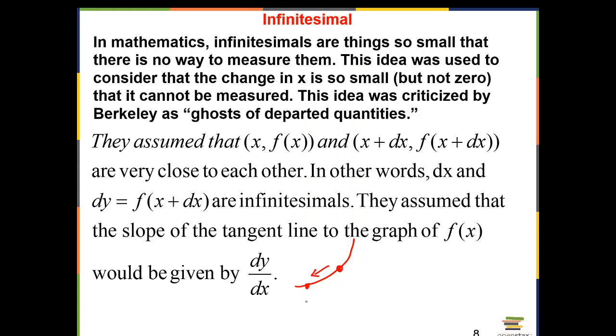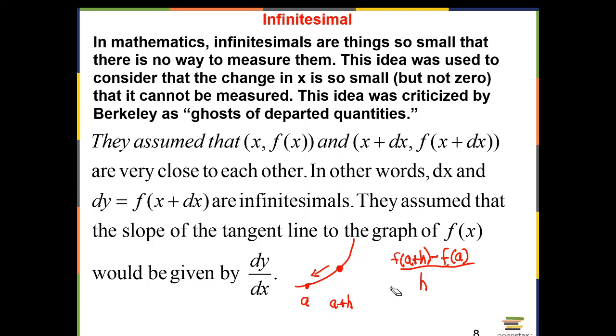So you see, if I call this a and call this a plus h, and let h go to 0, h cannot be 0, because if h is 0, then this point becomes this point, and the denominator, remember, is h. So the denominator is going to go to 0, so we're not going to have the slope, right? So you can't find the slope if h is 0.